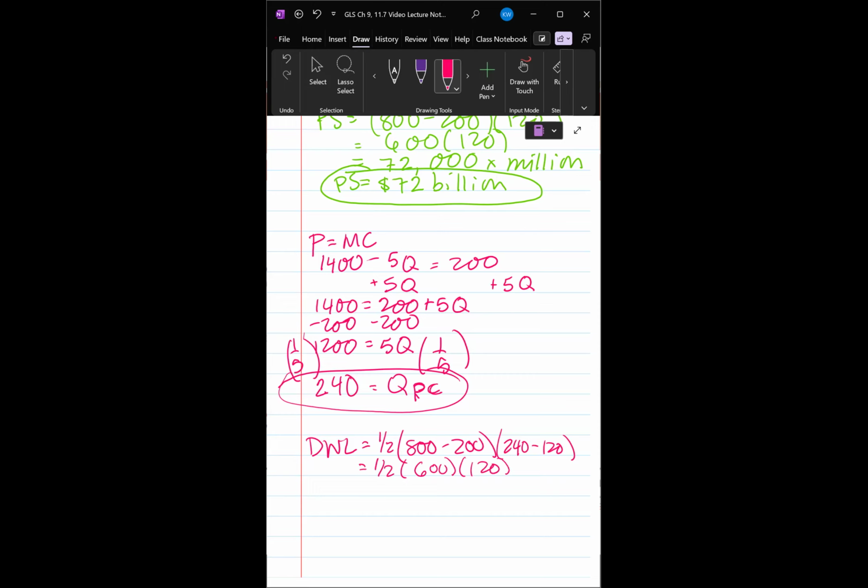From there, 1/2 of 120 is 60, so we get 600 times 60, so 36,000 times million, because quantity is measured in millions. And so deadweight loss here is $60 billion, right? Just like consumer surplus. They're symmetric in this case.